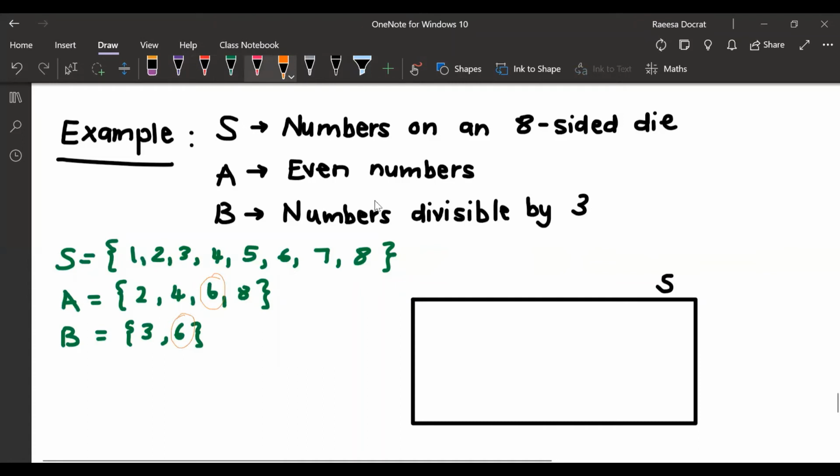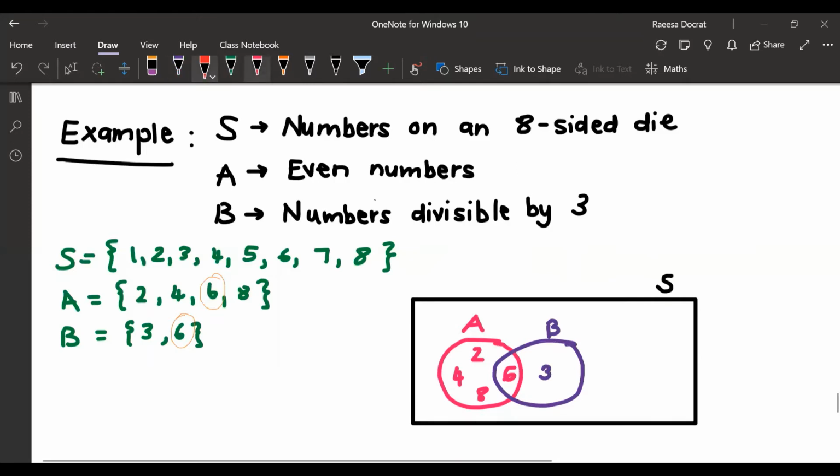So our A is the numbers 2, 4, 6, and 8. And B is our other event. B shares 6 with A, but it also has a 3.